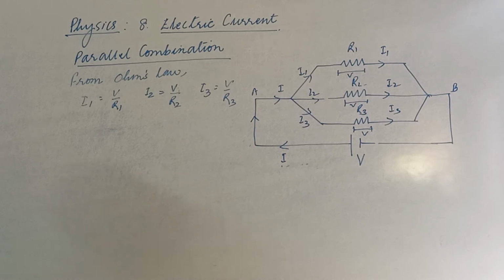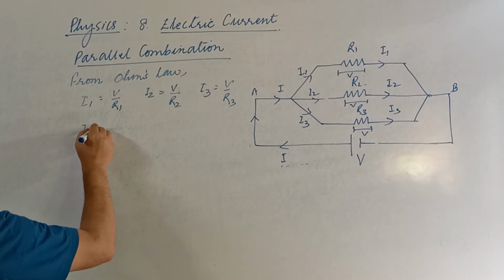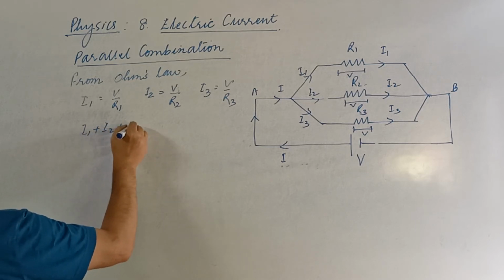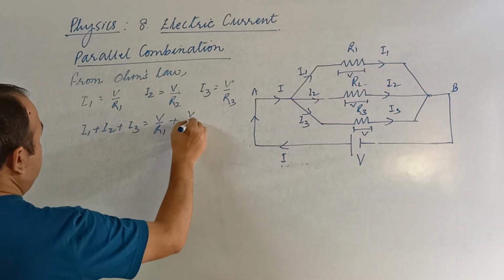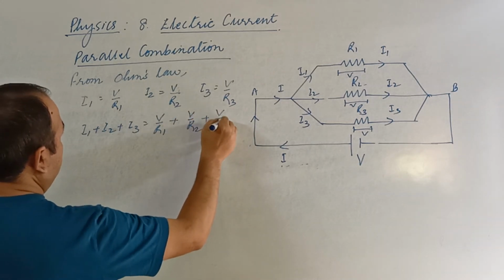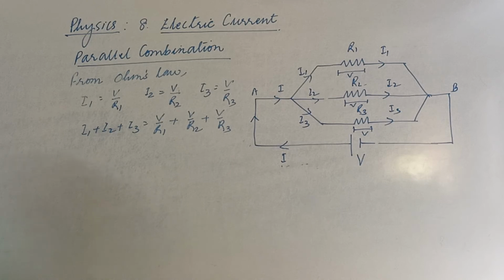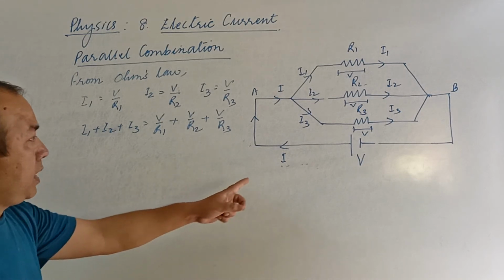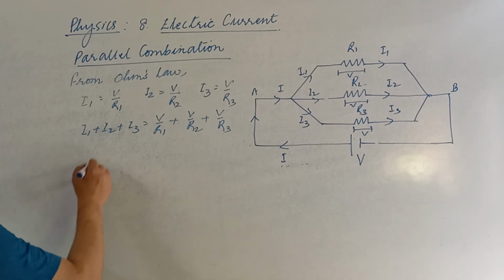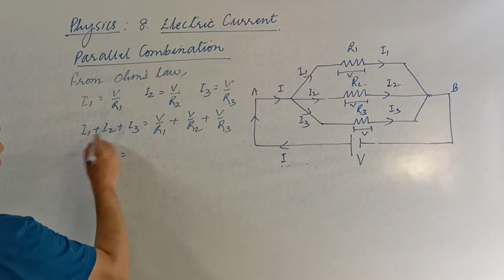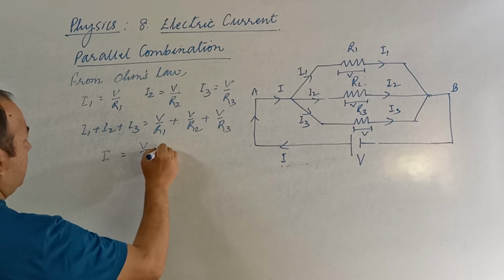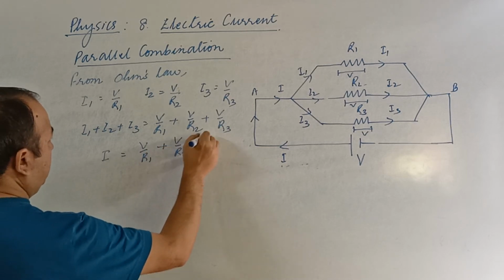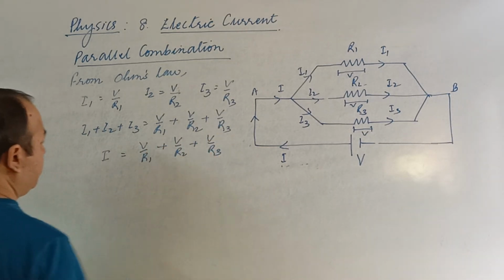Now if you add all, I1 plus I2 plus I3 is equal to V upon R1 plus V upon R2 plus V upon R3. As we know that the total current flowing through the circuit is I, so I is equal to I1 plus I2 plus I3, which is equal to V upon R1 plus V upon R2 plus V upon R3.